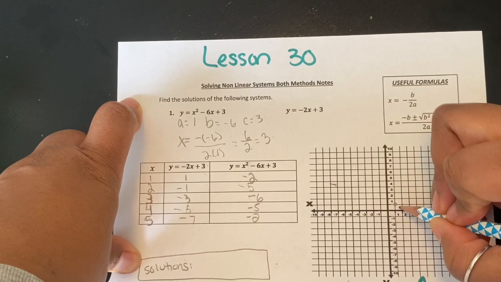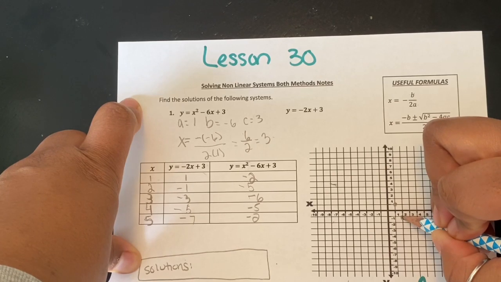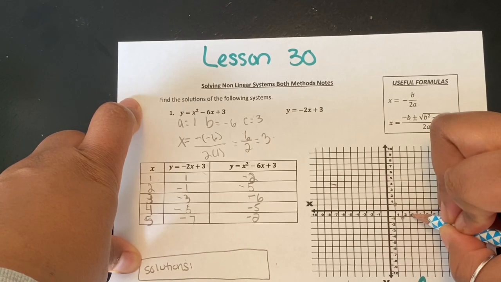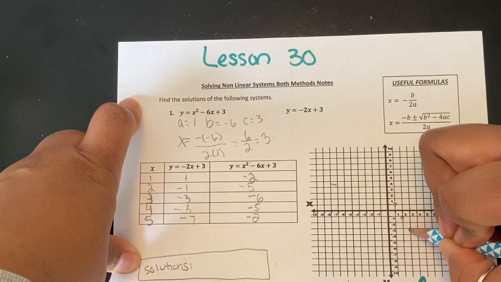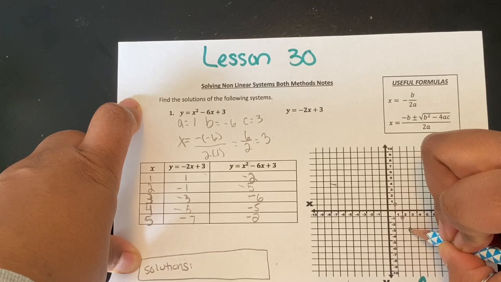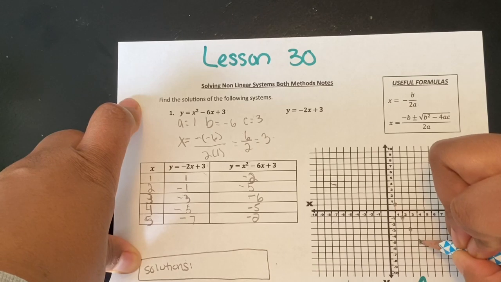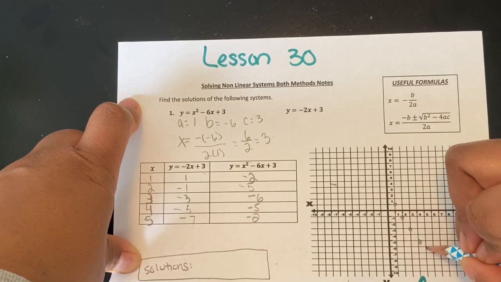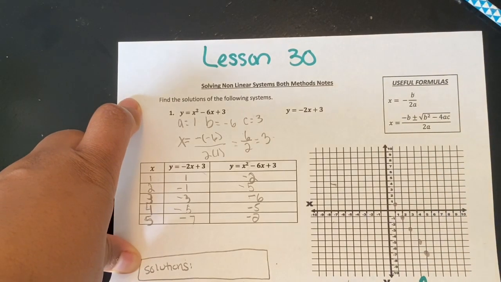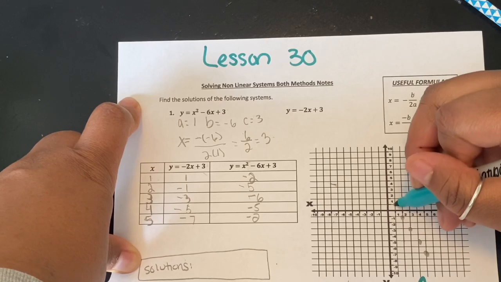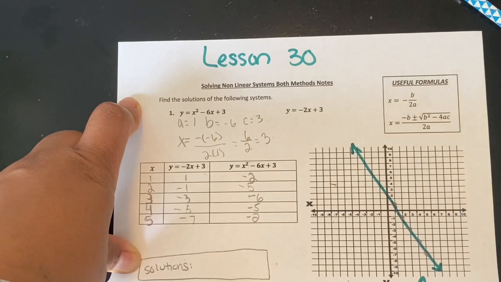Then (2, -1), (3, -3), (4, -5), and (5, -7). Then I'm going to connect my points. Again, it should be more accurate if you use your ruler.